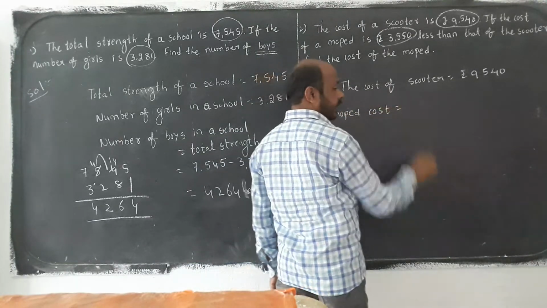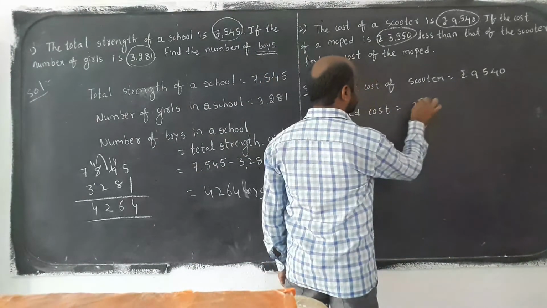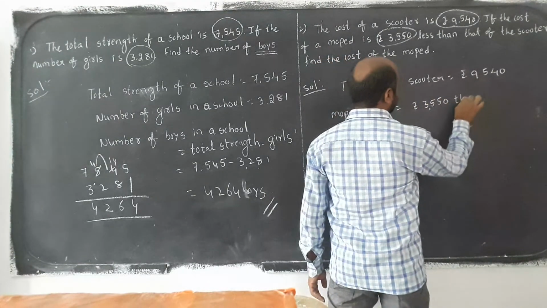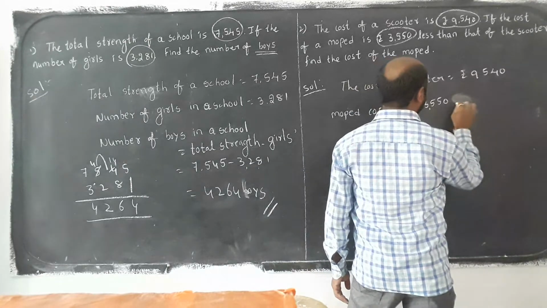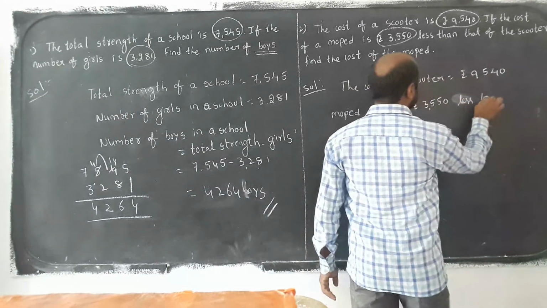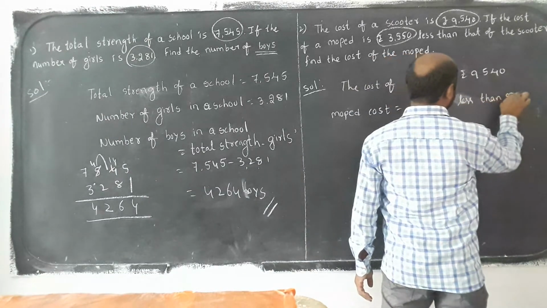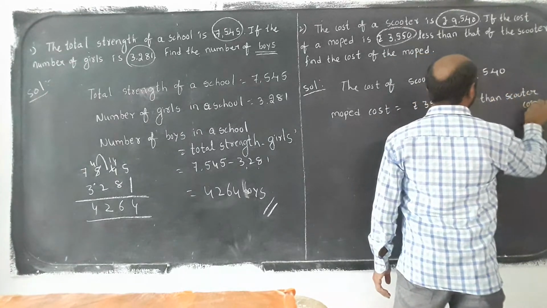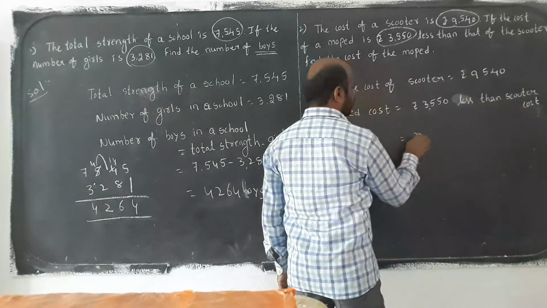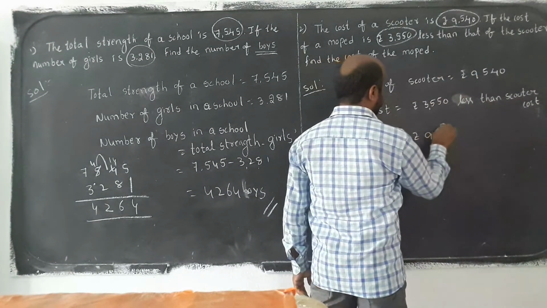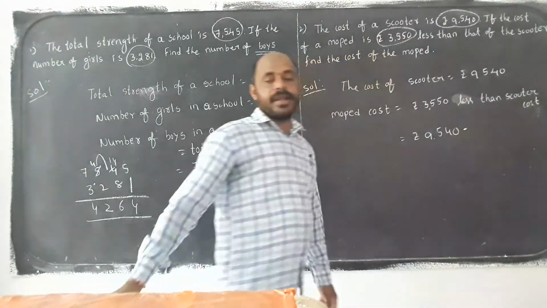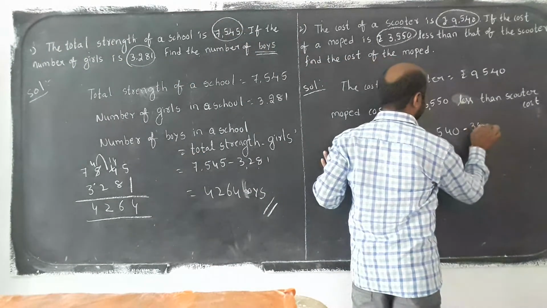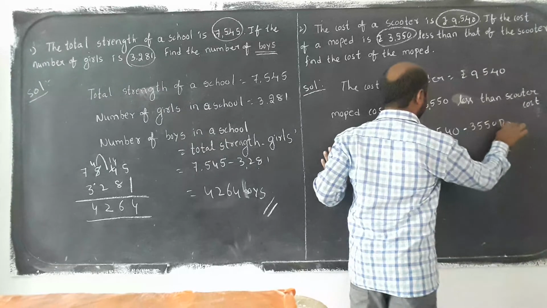Did he give it directly? No. Rupees 3,550 less than the scooter cost. The scooter cost is now rupees 9,540, and we have to subtract 3,550 rupees.